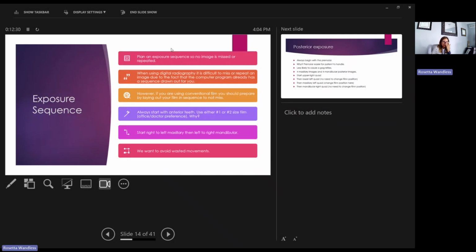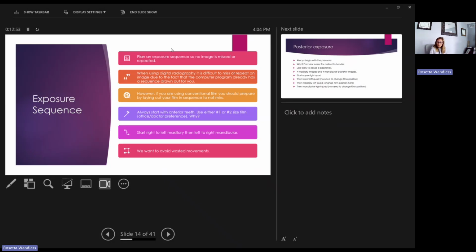Now, exposure sequence, I'm going to go through the recommended or the standardized sequence. However, a lot of offices or providers or practice management software will have a default that starts from the molars. It can start from anterior.